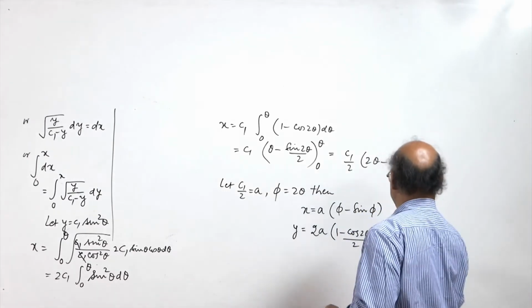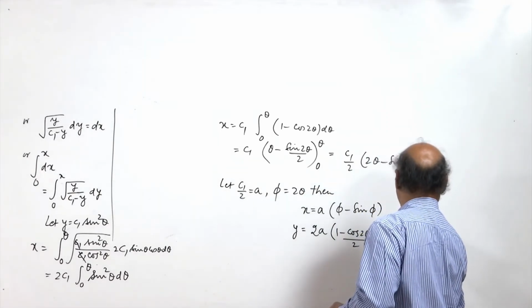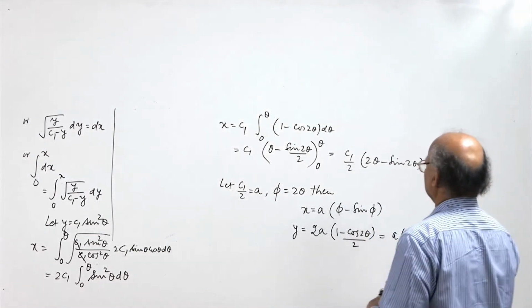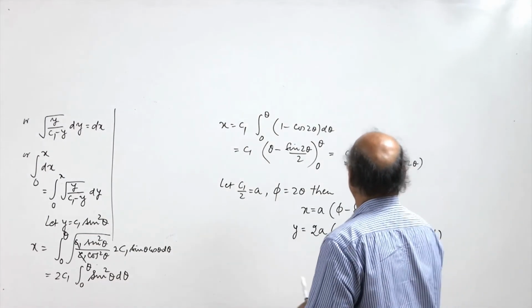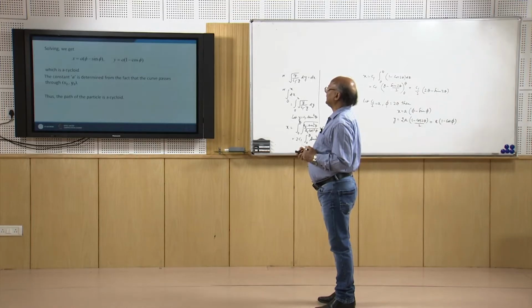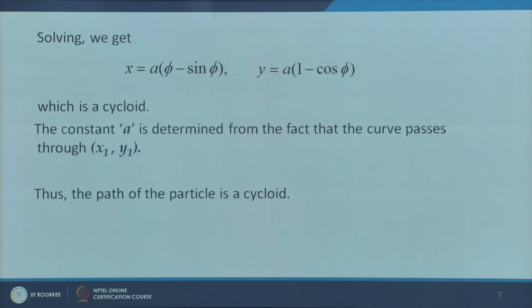So this will be a times (1 minus cos phi). So x equals a times (phi minus sin phi), y equals a times (1 minus cos phi), and it is very well known that the parametric equations of the cycloid are given by x equals a times (phi minus sin phi), y equals a times (1 minus cos phi).